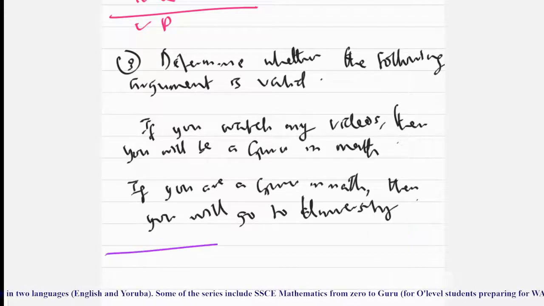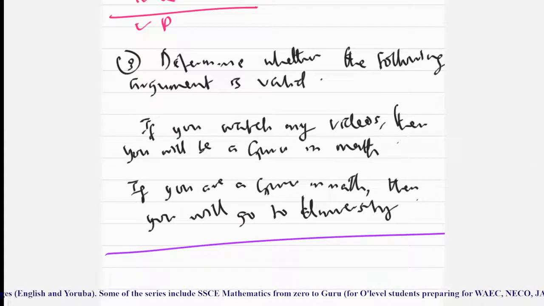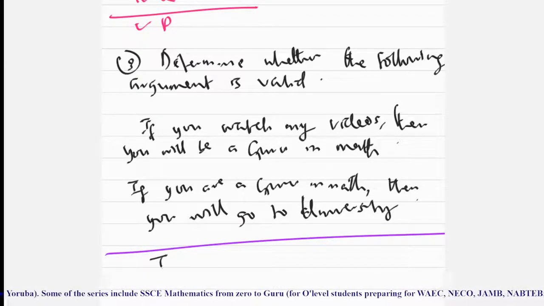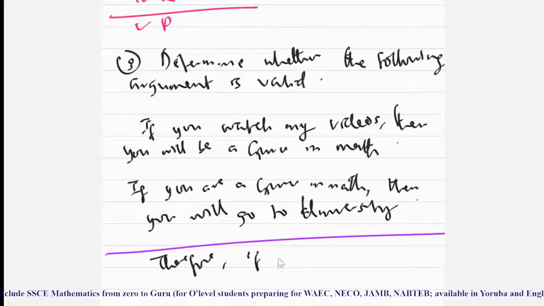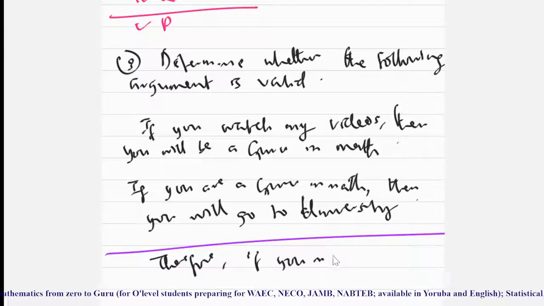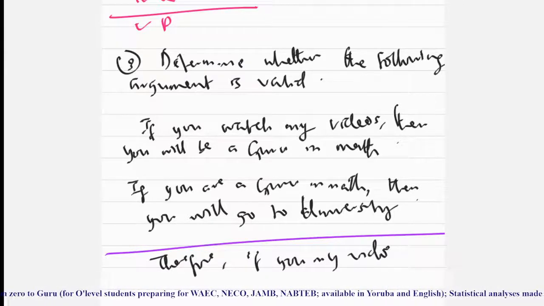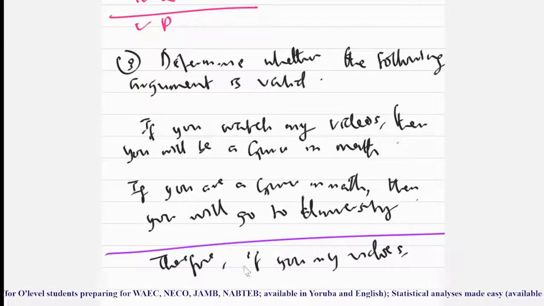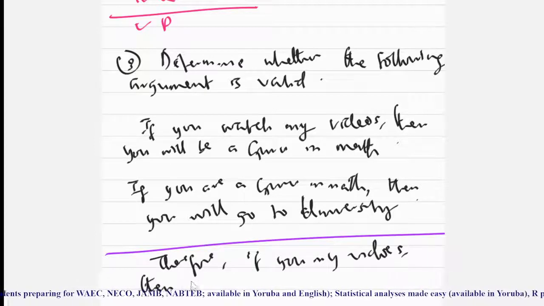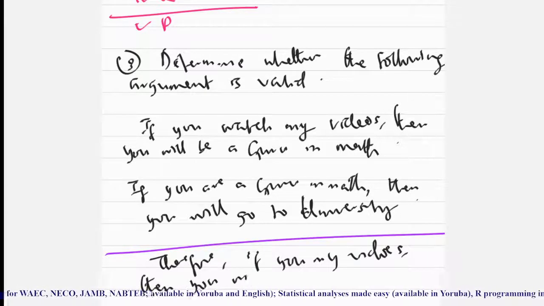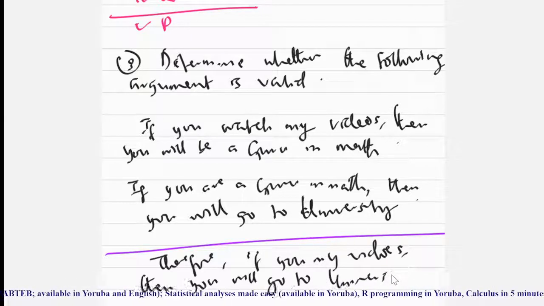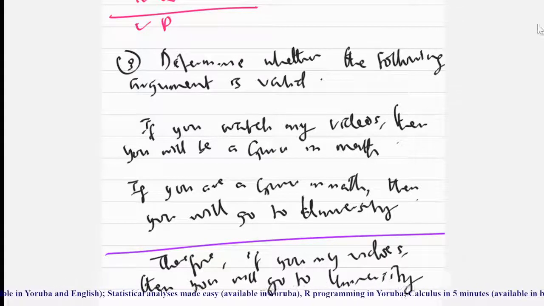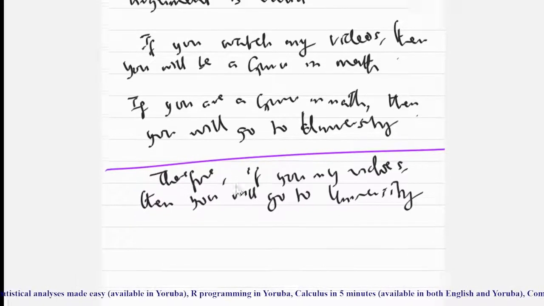Now you have a line. It means you are done with your argument. This line represents your conclusion. Therefore, if you watch my videos, then you will go to university. Can you see now? Let us determine whether these arguments are valid or not.